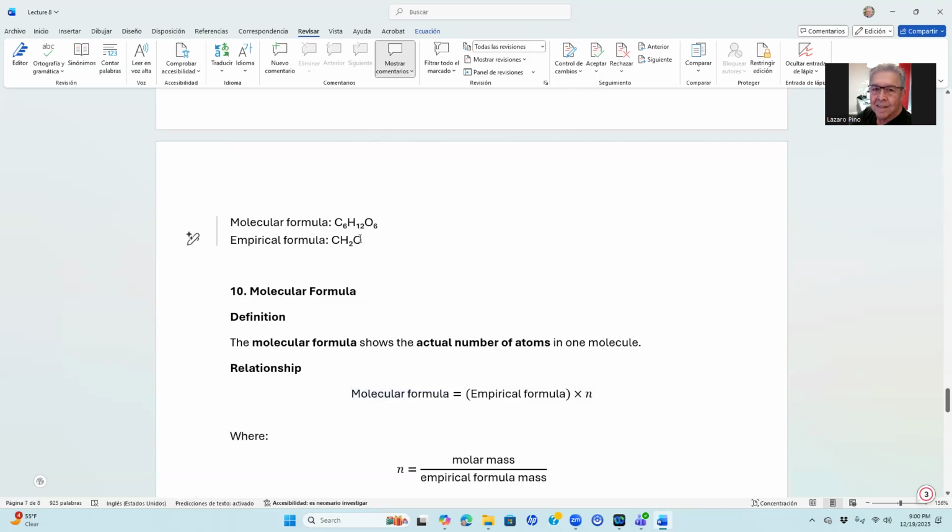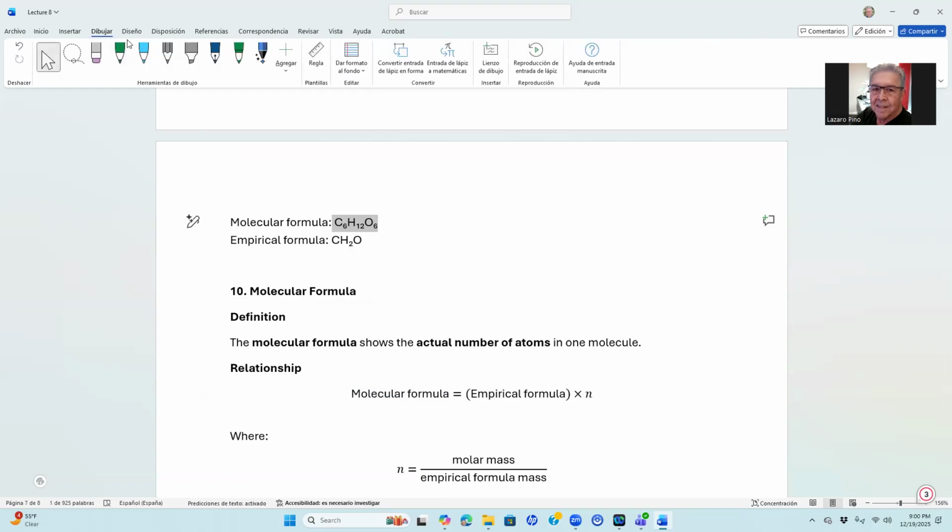If you go here, how can I convert this empirical formula into the corresponding molecular formula? As you can see, it's very easy. If you multiply the whole empirical formula by 6, you will get C6H12O6.